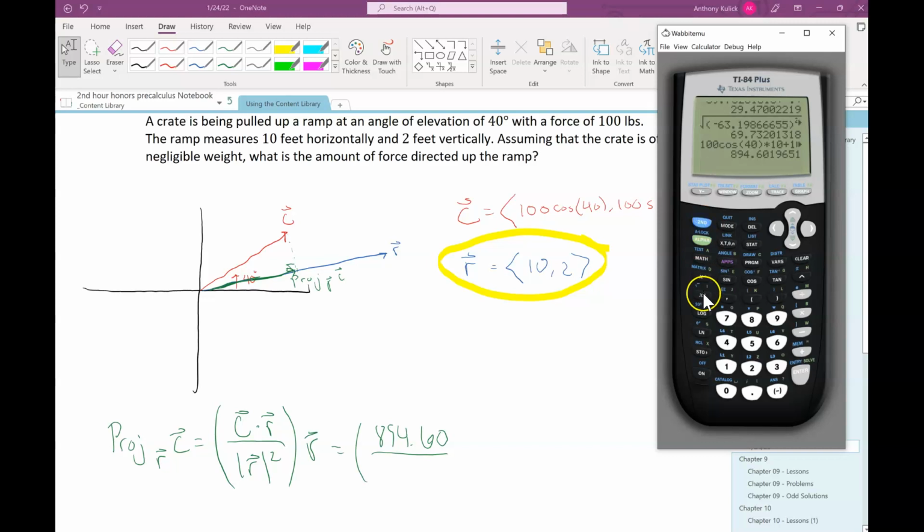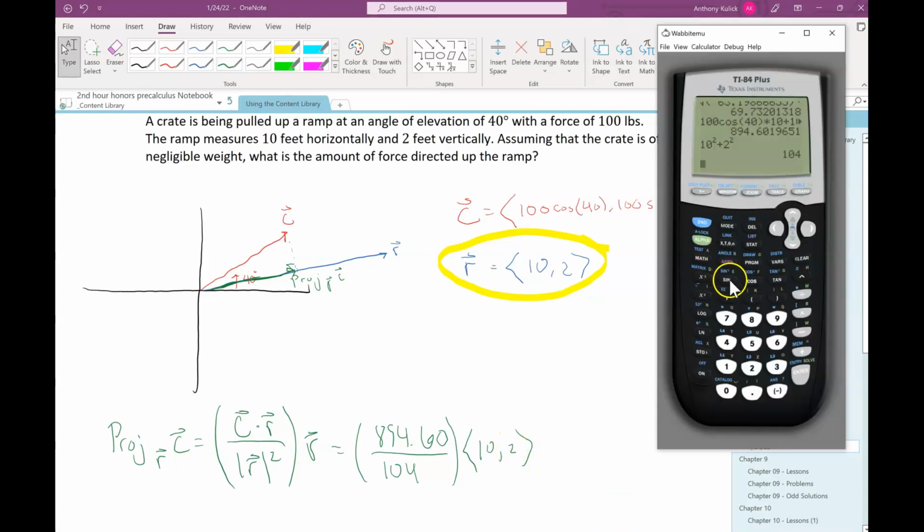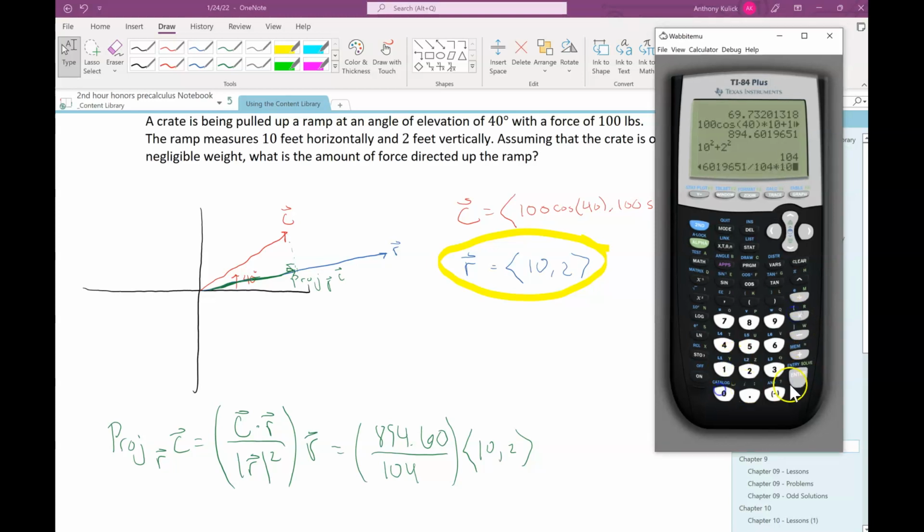The magnitude of R squared is just going to be 10 squared plus 2 squared. I don't have to worry about the square root because the squared just gets rid of the square root. So I have 894.6 divided by 104 times 10, and then the same thing times 2.